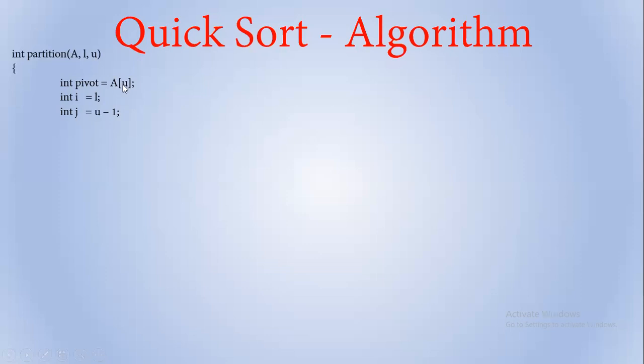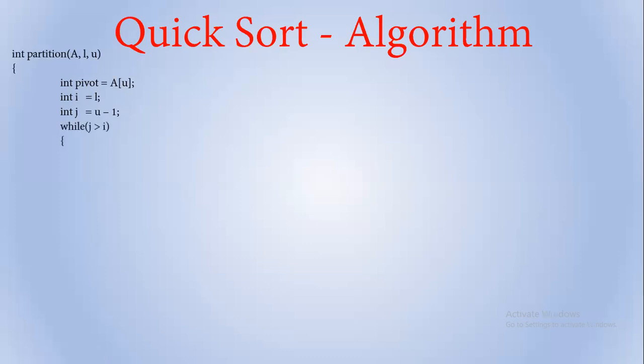The last index is u, so j will be set not to u but u minus 1. The first element, or the lowest element index, is set to i. So these are the first initializations that we do.